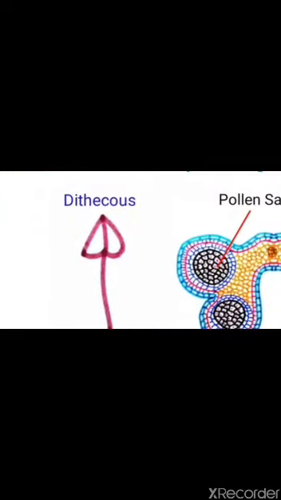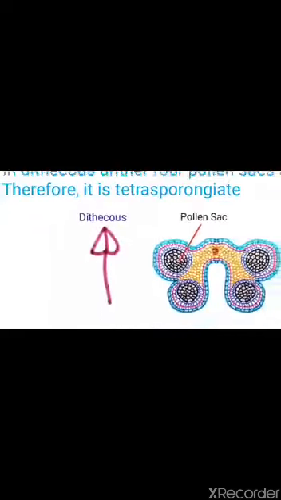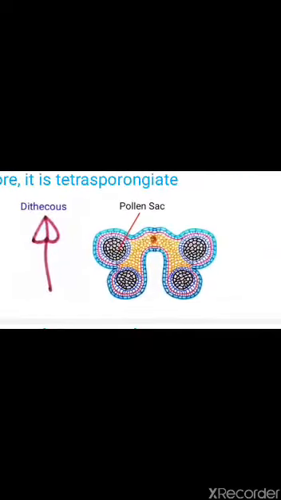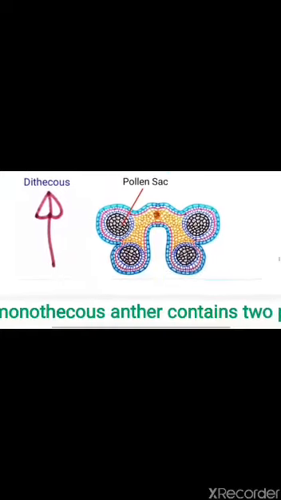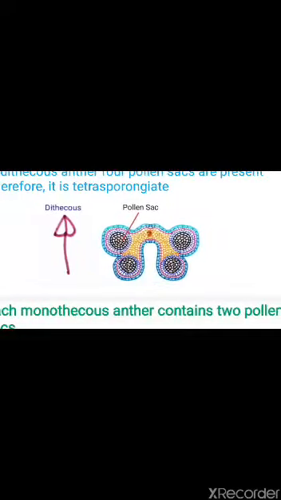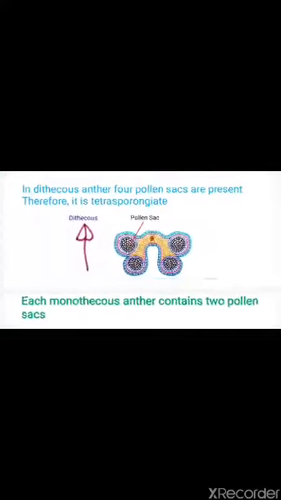The stamen is dithecous, that means here the anther consists of two lobes. So it consists of two lobes and it is tetrasporangiate. Tetrasporangiate means it possesses 4 pollen sacs. Tetra means 4. So it possesses 4 pollen sacs. So it is tetrasporangiate.